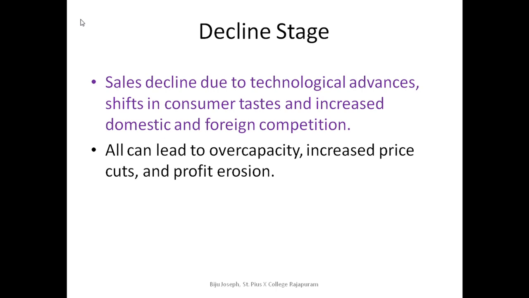And when the market is flooded with products, in order to sell the product, increased price cuts are offered by marketers. And when price cuts are introduced, profits will be eroded. Profits may go down.